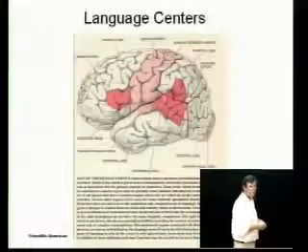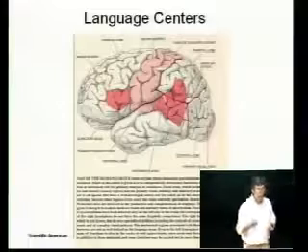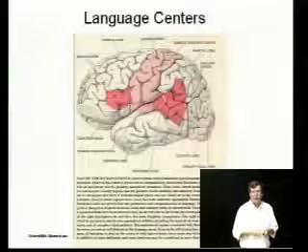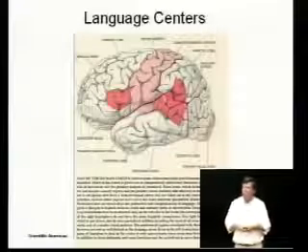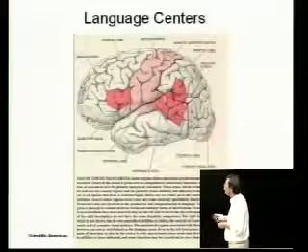And we've known since the middle part of the 19th century that, in fact, these two particular forms of language dysfunction are associated with damage to two different parts of the brain.